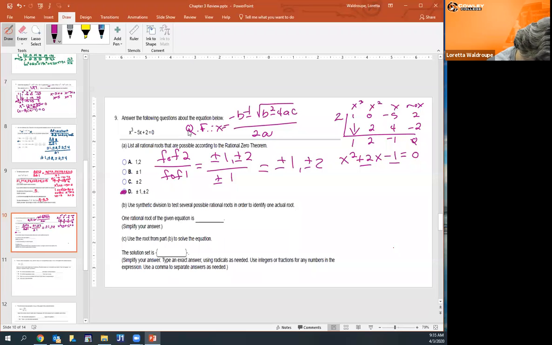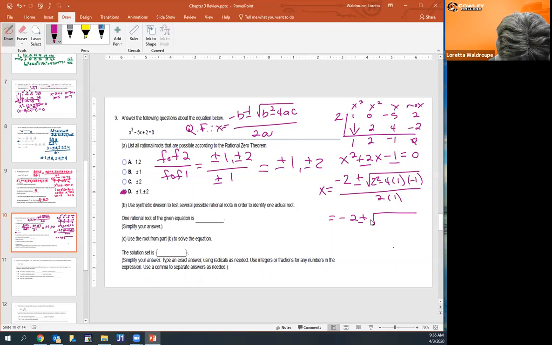So for this problem, negative b plus or minus the square root of b squared minus 4ac all over 2 times a. Simplifying what's under the radical, 2 squared is 4. Negative 4 times 1 times negative 1 is plus 4.